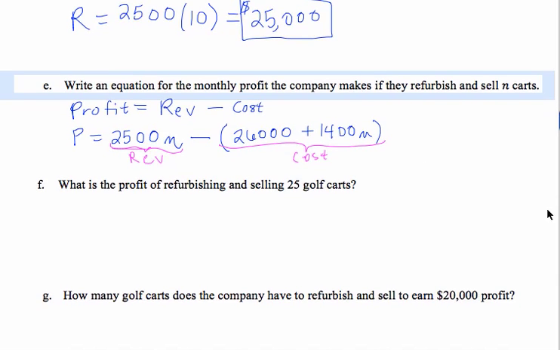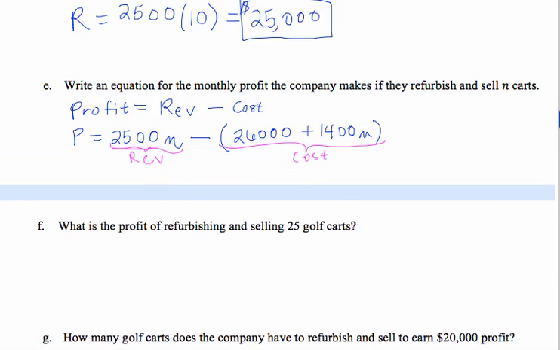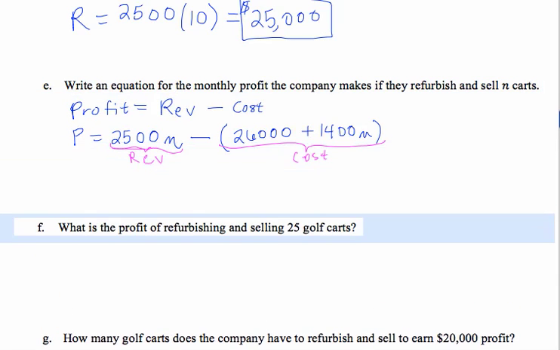Okay, so what is the profit from refurbishing and selling 25 golf carts? We're going to plug in 25 for N. So let's see what we get. 2,500 N. And actually, let me back up. Before I do this, I just noticed I can simplify my profit equation, and that'll make it easier to do computations.